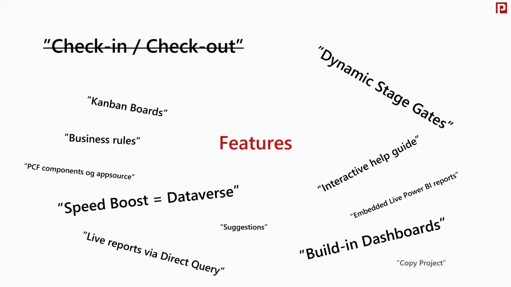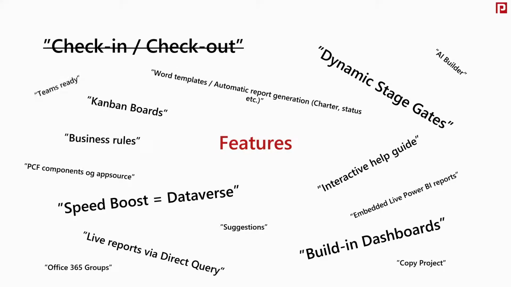We now have Kanban boards, we have business rules, we have PCF components that help us visualize what we want to do better, and there's a huge speed boost because it's on the Dataverse now. There's just a ton of things that they did right with this new product.